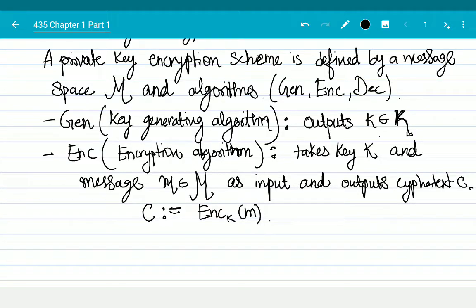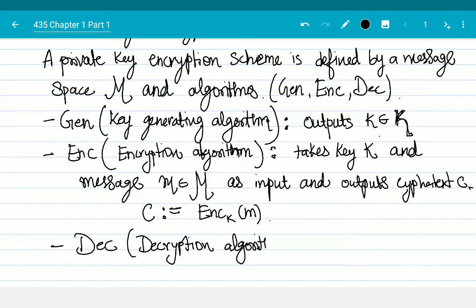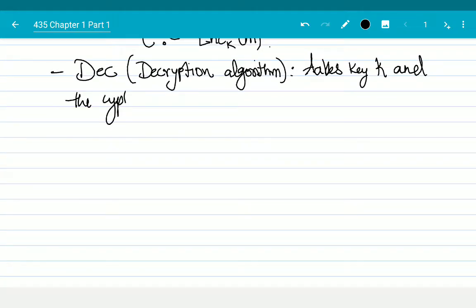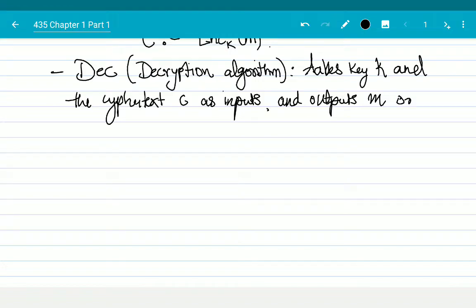Okay, what's my message? What does decryption do? Well, the decryption algorithm takes the key K and the ciphertext C as inputs, and it outputs the message M or error.